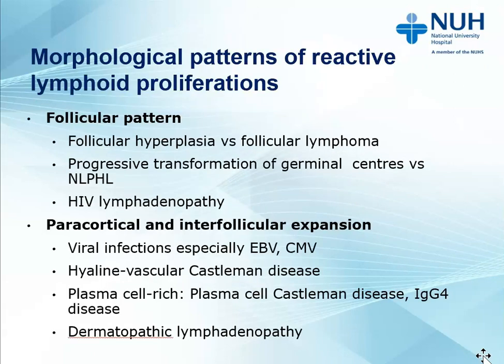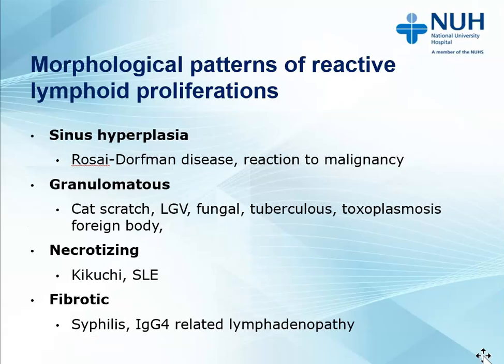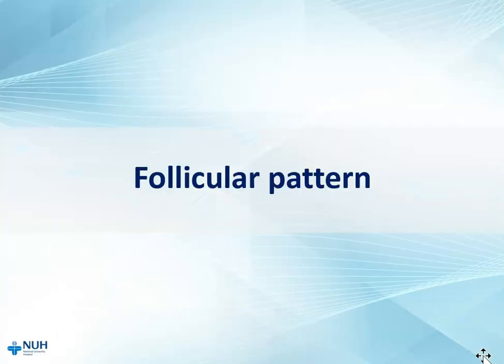Alternatively, we can also classify reactive lymphadenopathies based on the predominant morphological pattern into follicular, paracortical, and interfollicular patterns. There is also sinus hyperplasia, granulomatous, and necrotizing types, and some diseases display a prominent fibrotic appearance, whilst others may show a combination of morphological patterns.